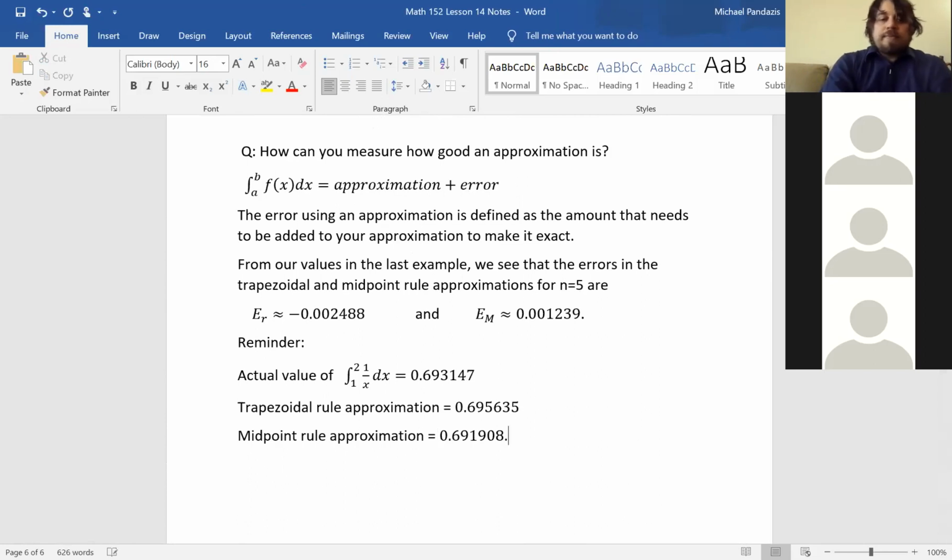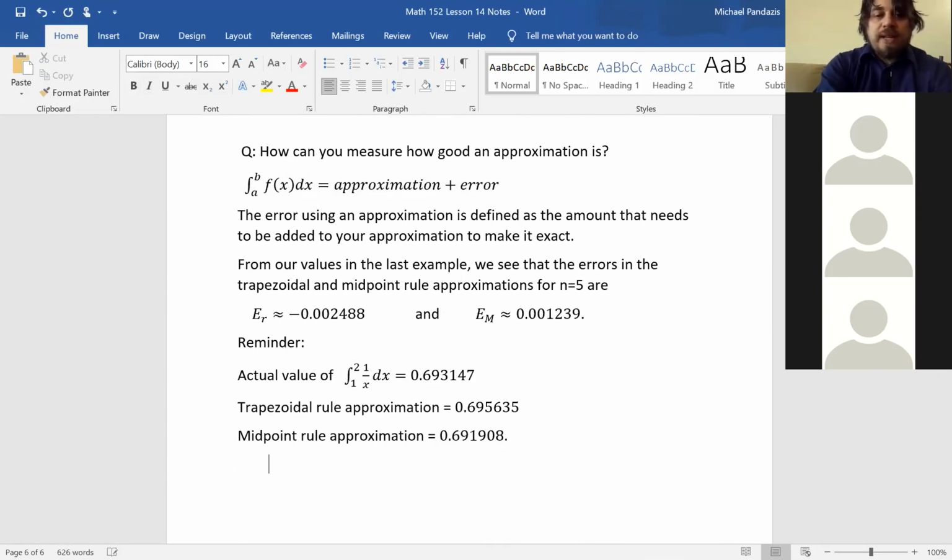So you have the actual value, the trapezoidal rule approximation, and the midpoint rule approximation. We're defining the error so that the actual value equals the approximation plus the error.